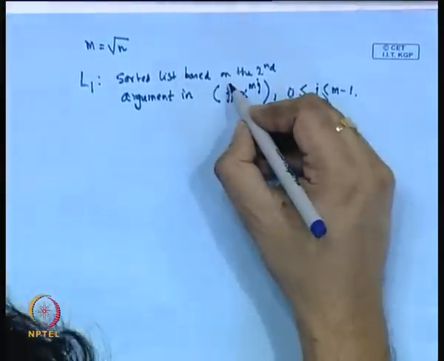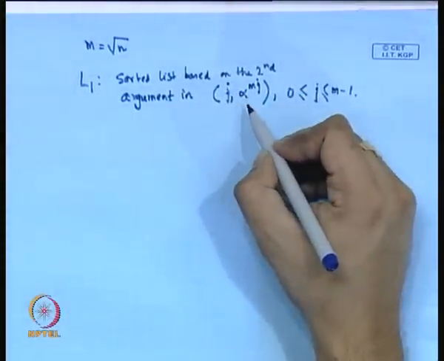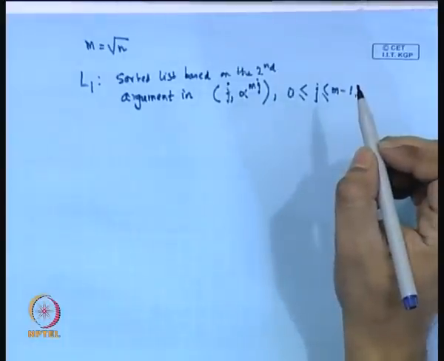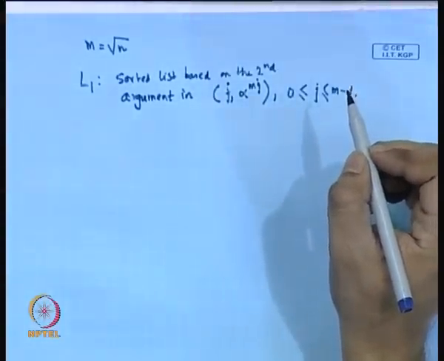So you compute various values of j and calculate the value of alpha power of mj, and that is your list L1.